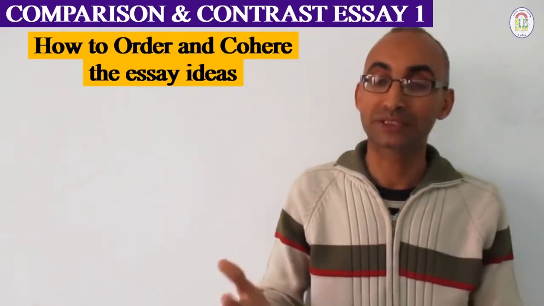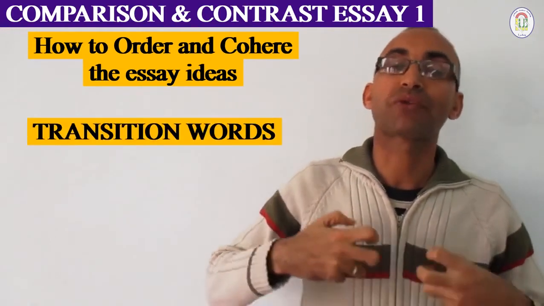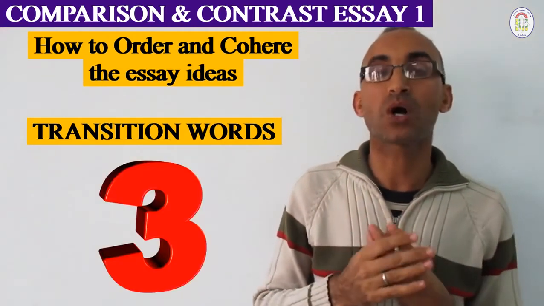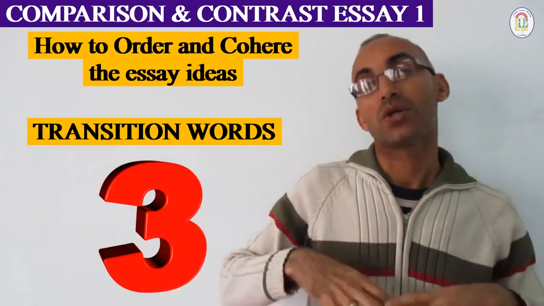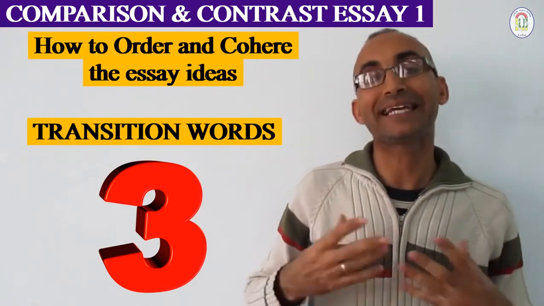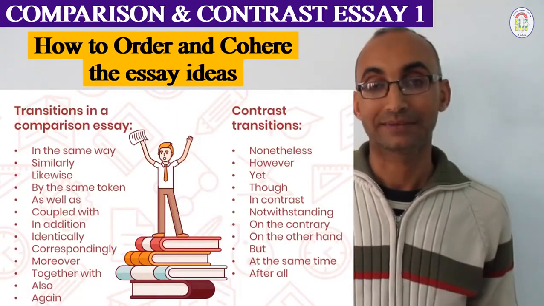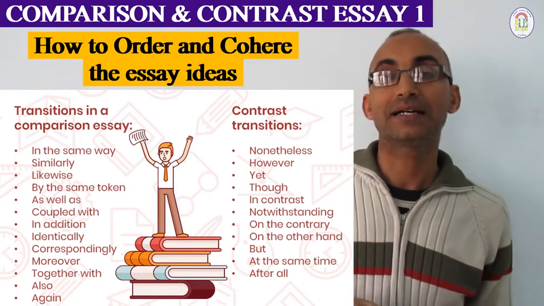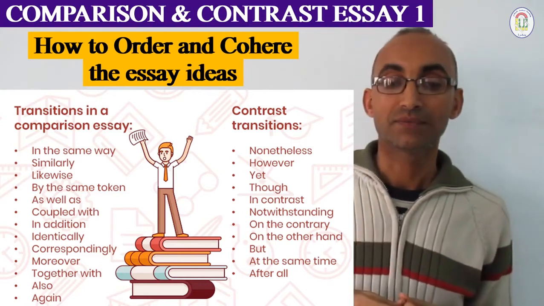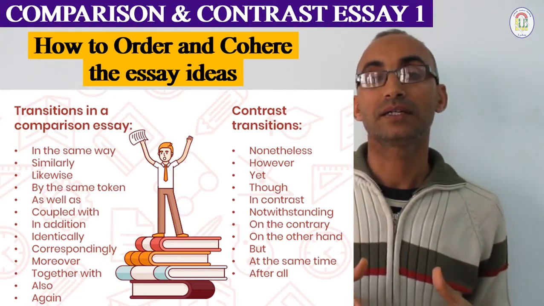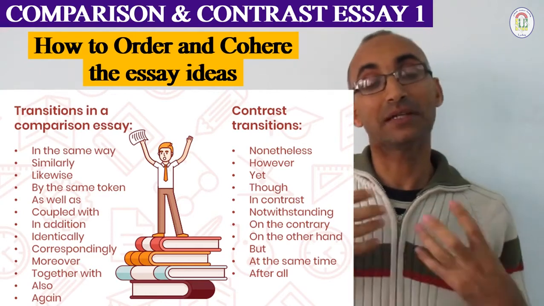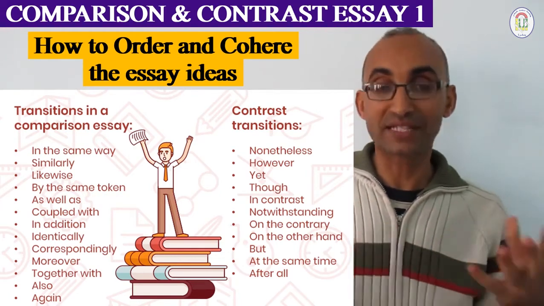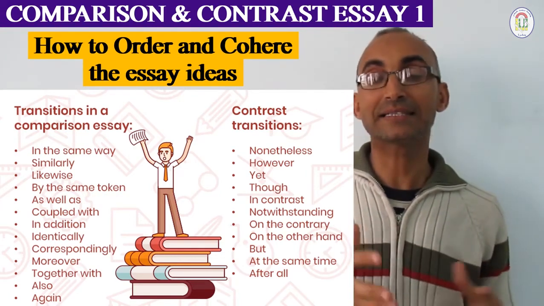Now, how can I order my ideas, my points, my aspects of similarity and difference in a logical way? Of course, here I need to use the appropriate transitions. In this type of essay, we need three types of transition signals. Number one, those which indicate comparison, meaning similarity, like as, like, similar to, likewise, similarly, also, both, both of them, and so on.